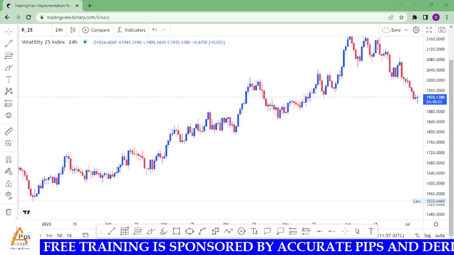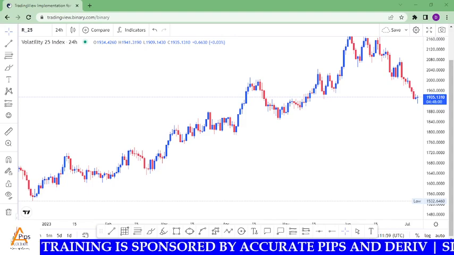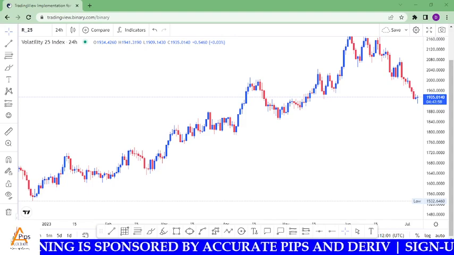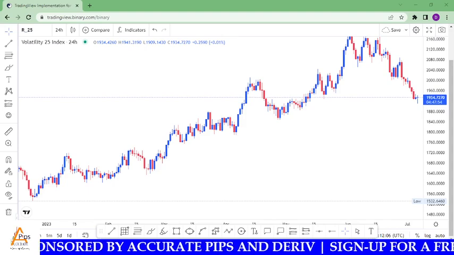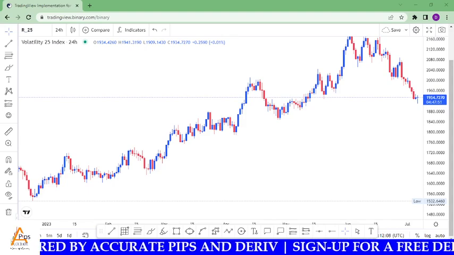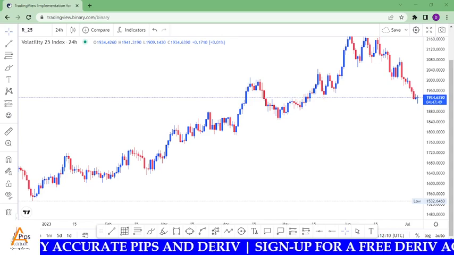And I told you that when we are in a bullish momentum, then we are looking at the current candle taking out the low of the previous candle that was forming.